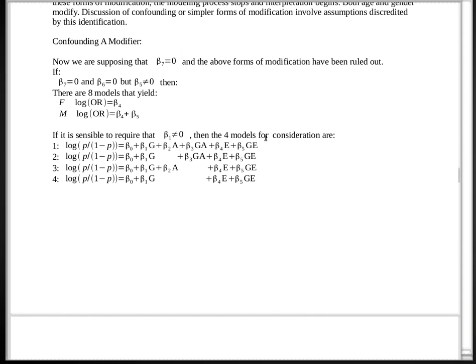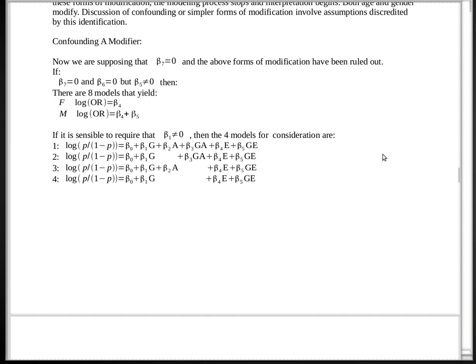And since we're considering gender modification, it seems almost crucial then that we would have beta 1 present in all of these models. Again, there may be highly specialized circumstances in which we might want to consider beta 1 is equal to 0, even though beta 5 is not 0. I will not be addressing that here.